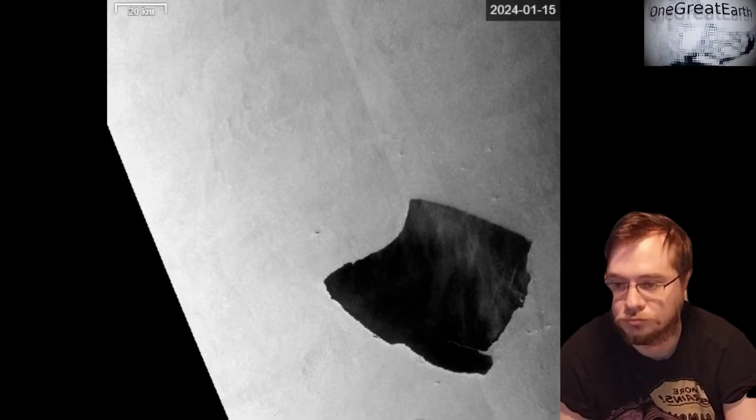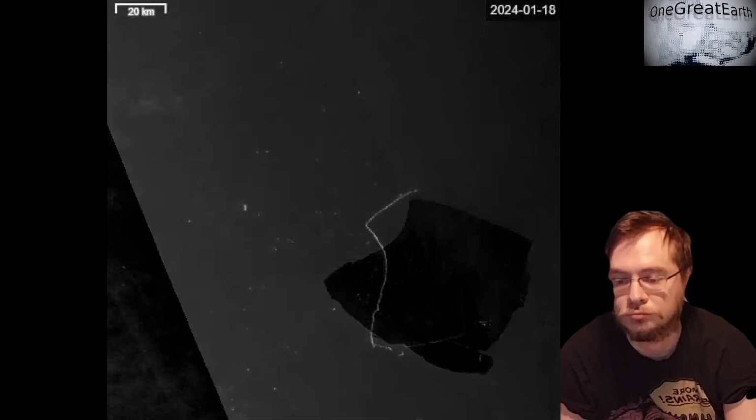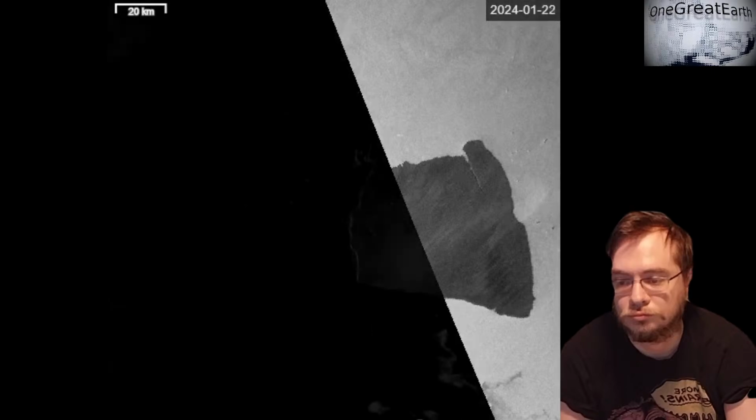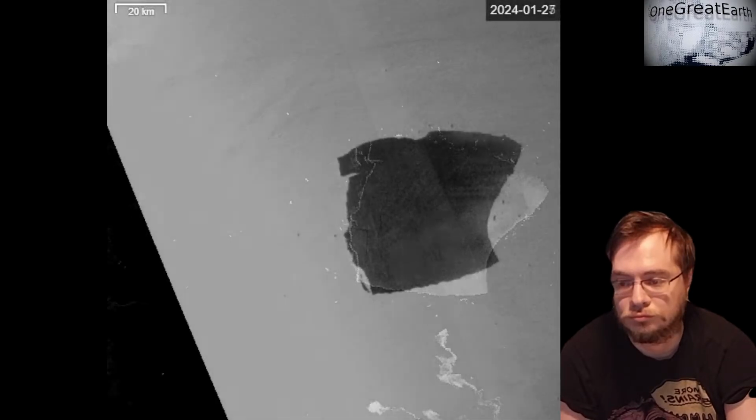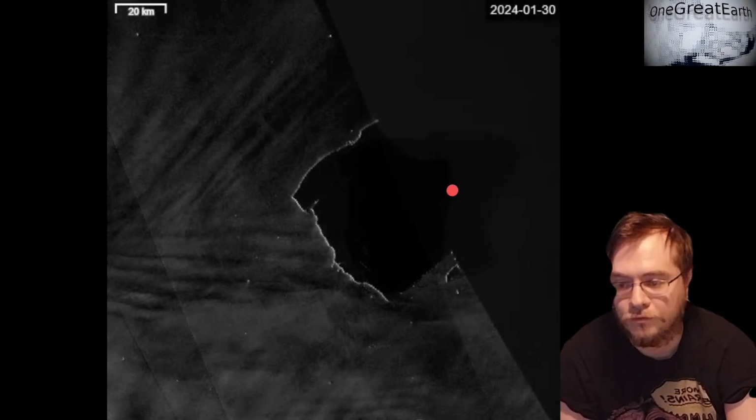It's 80 kilometers or some 50 miles wide. It is massive. Rotating furiously.